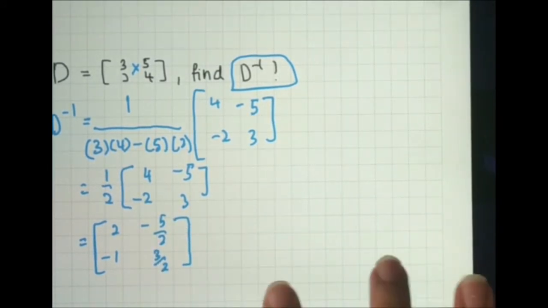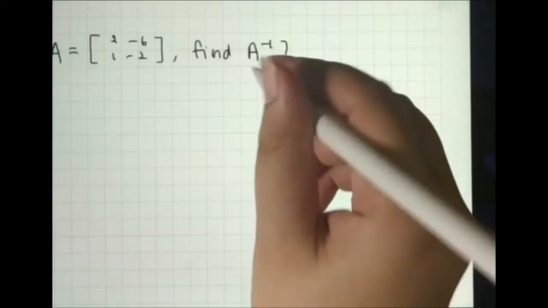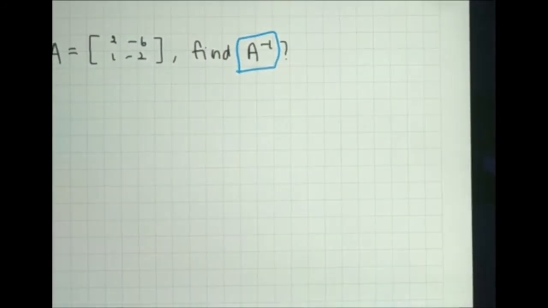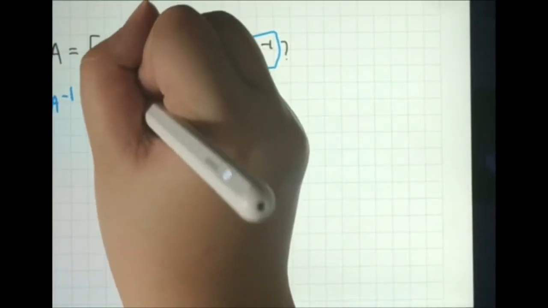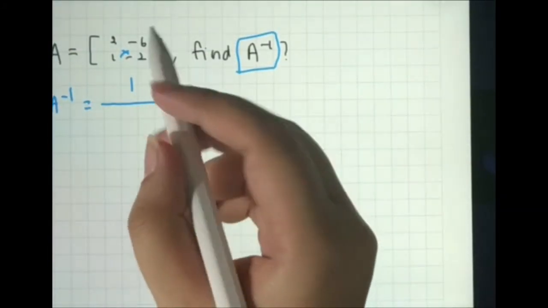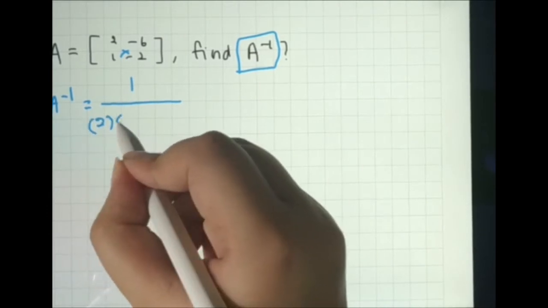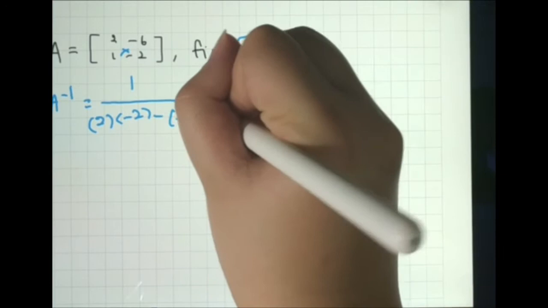Alright, let's look at another example so that we can understand it. It might be confusing, but we can do it. So you're given matrix A, and we want to find its inverse. So, 1 over, don't switch it yet, cross it. So 2 times negative 2 minus negative 6 times 1.